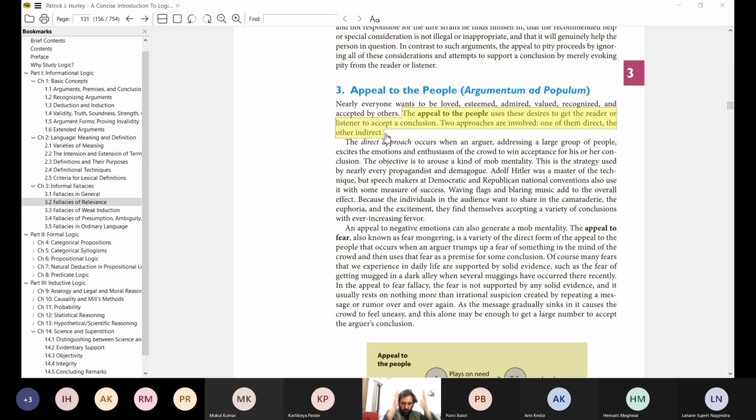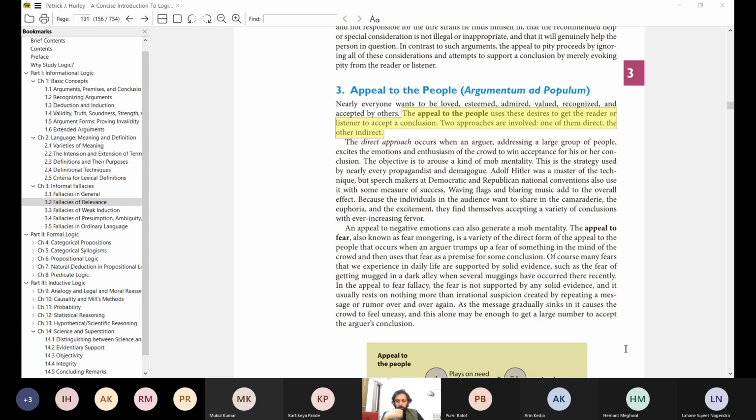In the direct case, you're addressing a crowd of people, a mob, a political rally, and you're trying to fire them up to believe in certain kinds of things. That's the direct appeal to the people. In the indirect appeal, you're addressing maybe one person, and you're saying, all of these people believe something, and therefore you should also believe it.